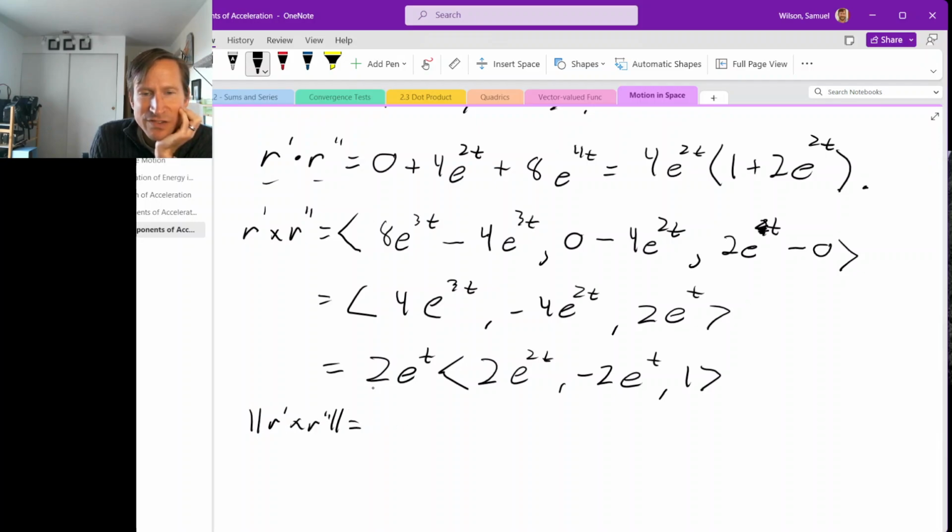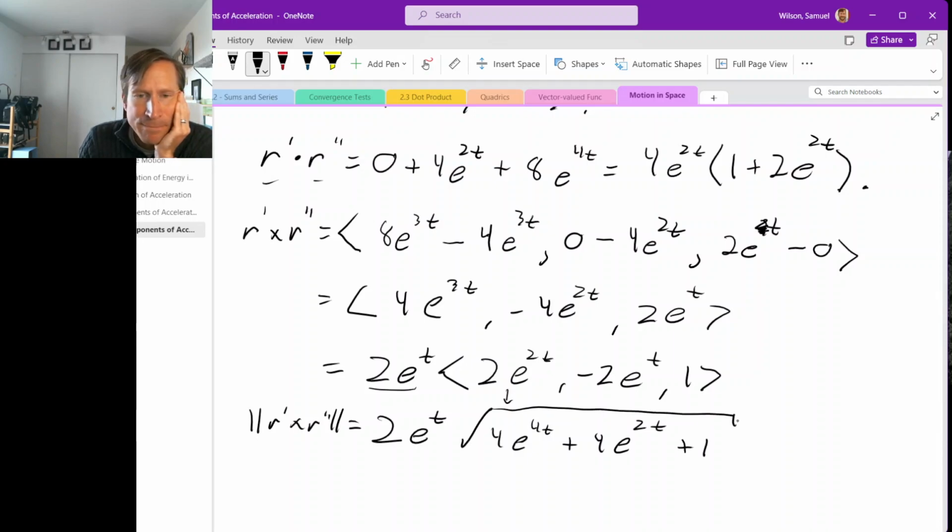This scalar in front, we can move outside the magnitude by taking its absolute value, but 2e to the t is already positive, so 2e to the t, and then times the magnitude of everything that's left. I need to square this, since I'm computing magnitude: 4e to the 4t plus 4e to the 2t plus 1.